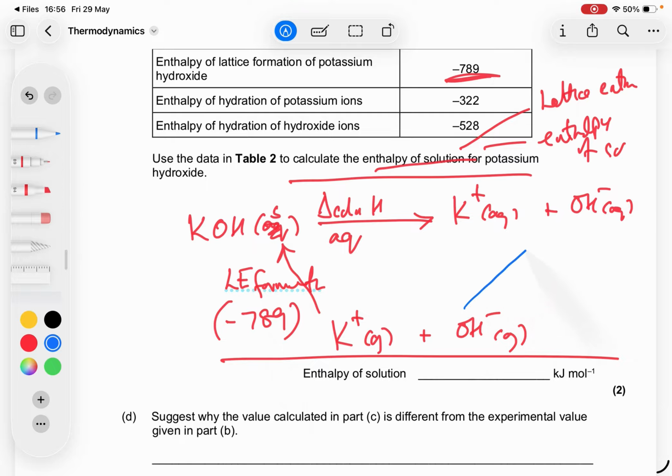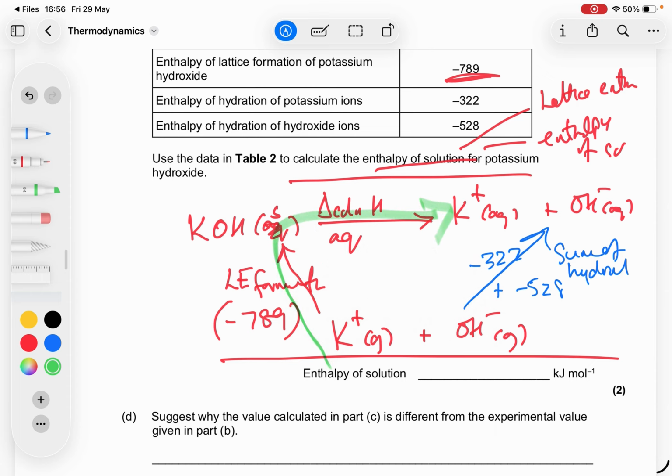And then this arrow going up there is the sum of hydration enthalpies. Potassium is minus 322, hydroxide is minus 528. Look at my cycle, route 1, route 2.